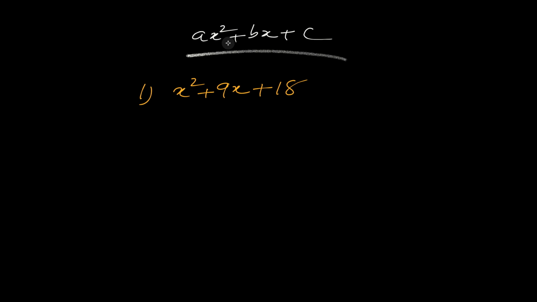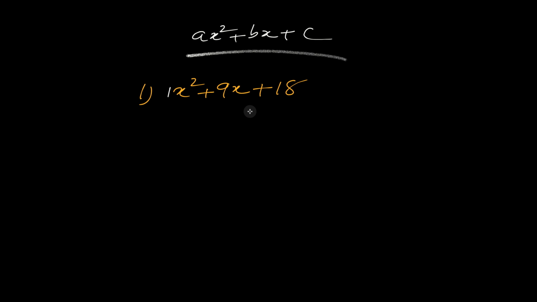This is in the form of ax square plus bx plus c. What is a here? It is just 1. If nothing is there, we can say 1 multiplied with x square, which is as good as x square. Here you can see the value of b is 9 and the constant is 18.